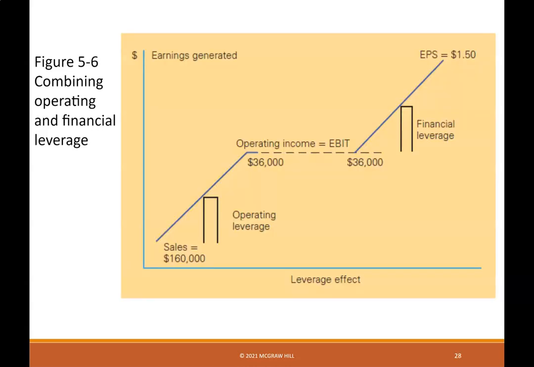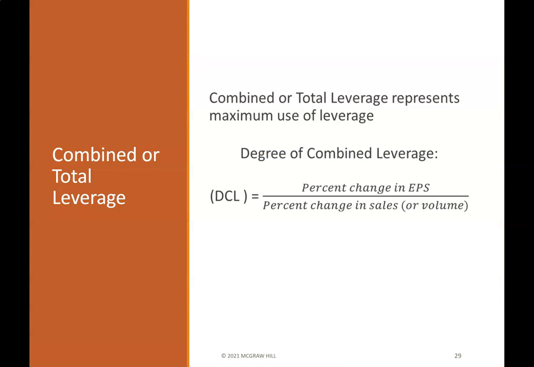Figure 5-6, combining operating and financial leverage. Combined or total leverage represents maximum use of leverage. So the degree of combined leverage is the percent change in earnings per share divided by the percent change in sales or volume.